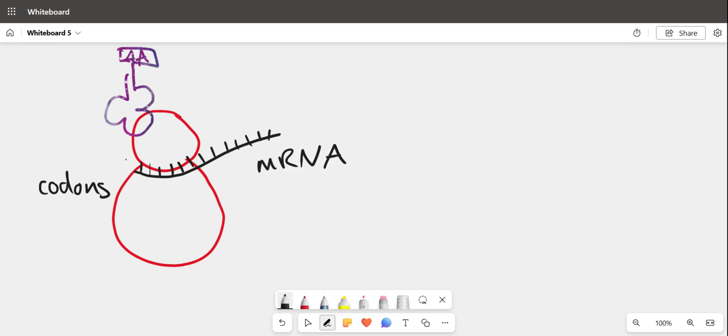And whatever 3 bases we've got here, we need a complementary 3 bases up here. So that codon will bind there because we've got an anticodon on the tRNA that's complementary to the codon on the mRNA.